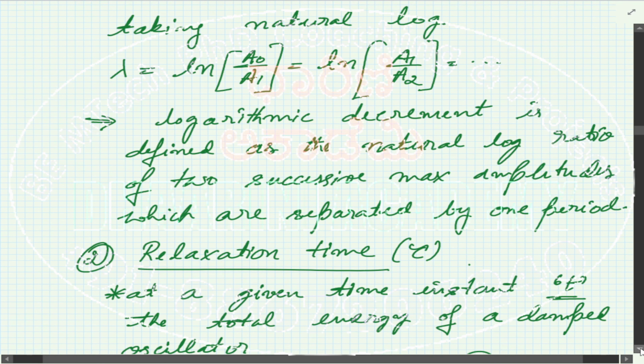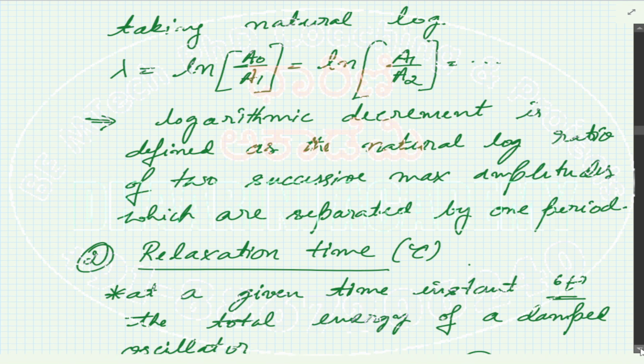Once we take the natural log on both sides, lambda is equal to ln of A1 by A2, which is also the same as A2 by A1.